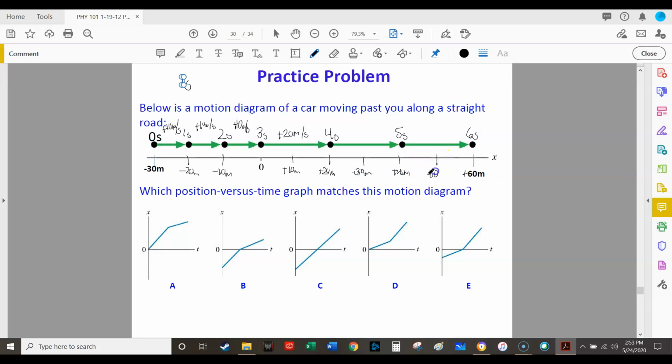And this will be 50. And then 60. So this now looks like it's got twice the displacement that it did before, and thus it's going to be traveling at twice the speed.